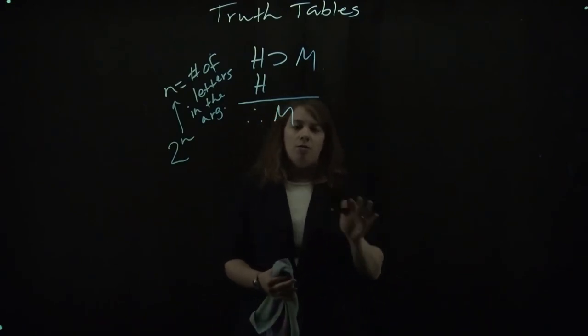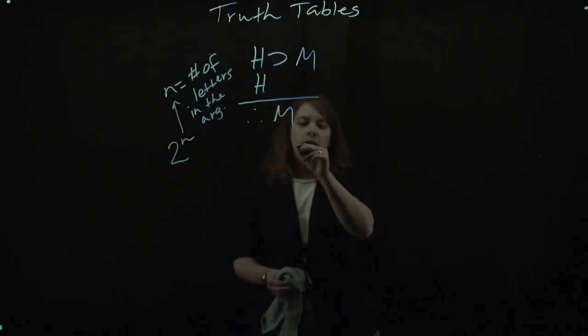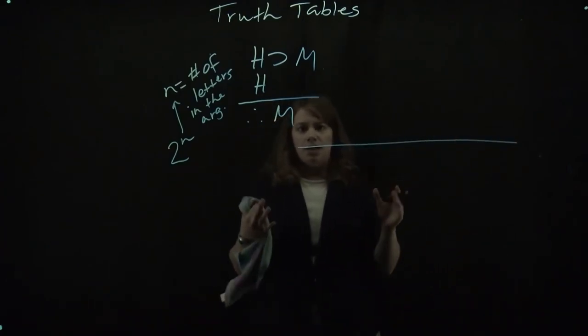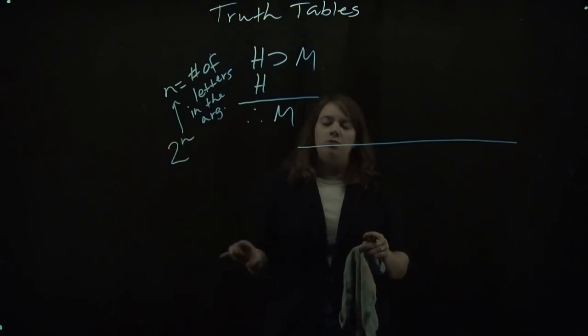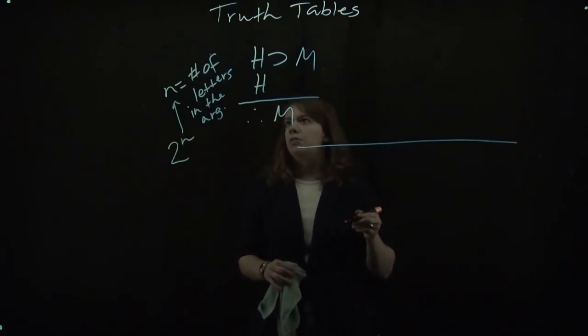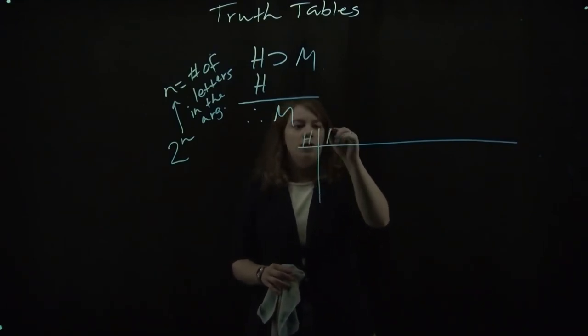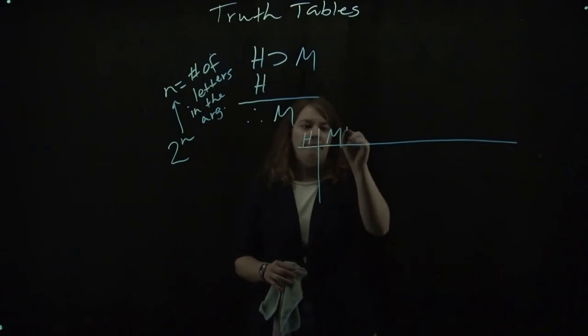And so the next step when you're constructing a truth table here is it's going to look like one of those truth tables for the individual operators that we were talking about earlier. The first thing you're going to do is create a column for each individual letter, okay?